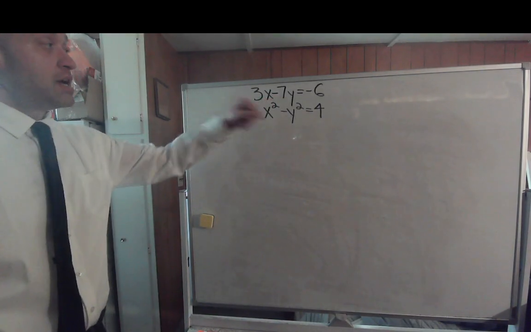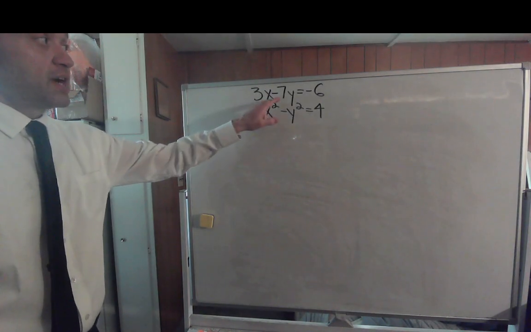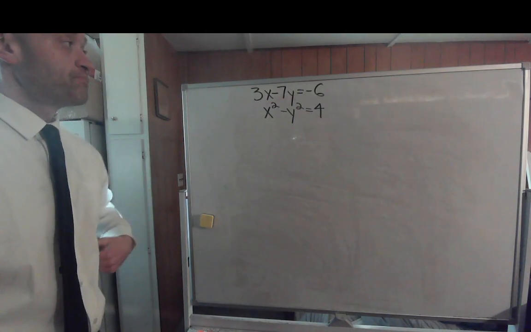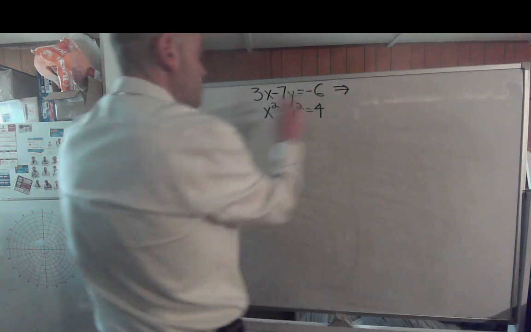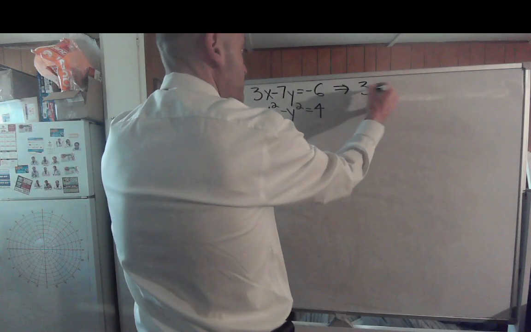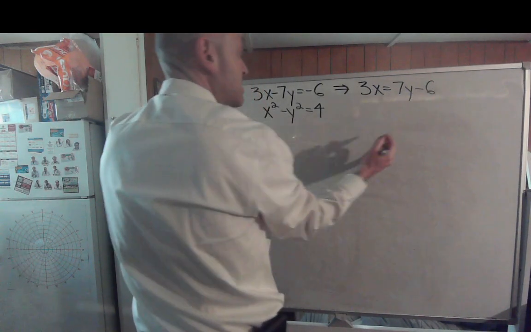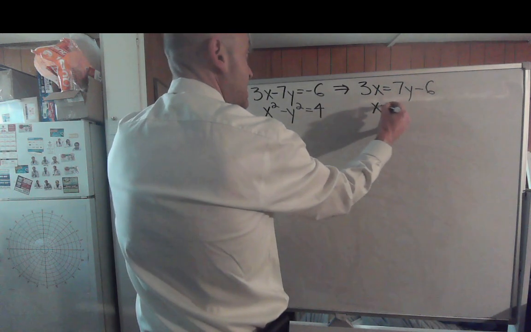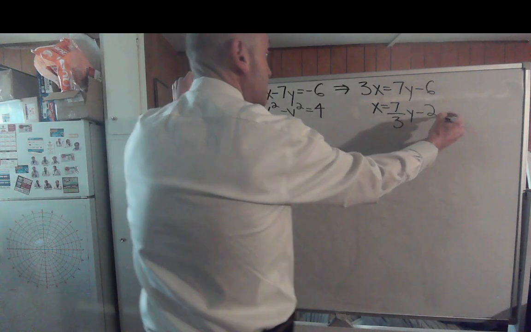I'm actually thinking we should substitute for x for once. So let's go based off of the first equation. That could mean that 3x equals 7y minus 6, which means that x equals 7/3 y minus 2.